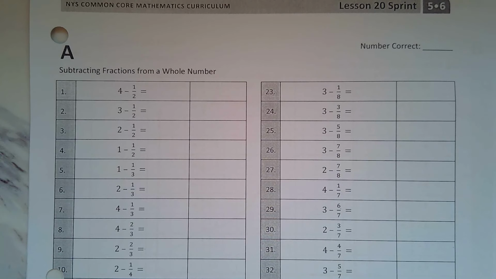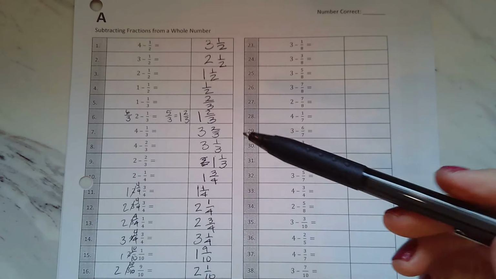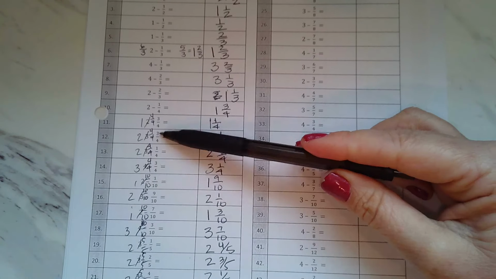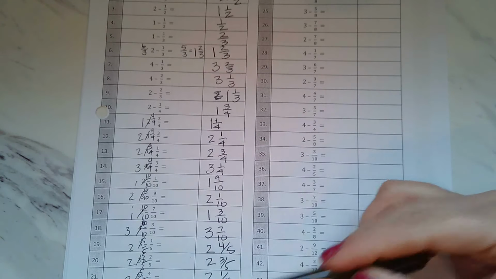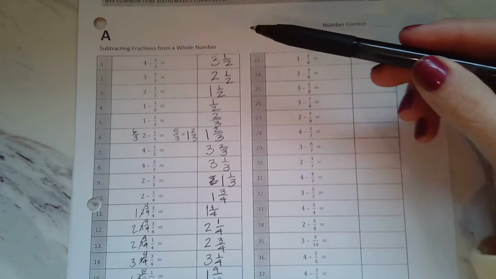All right. So you have 1 minute to subtract fractions from a whole number to see how far you get. Ready? All right. I did show my work over here. And yes, I did go a little bit past a minute. All right.